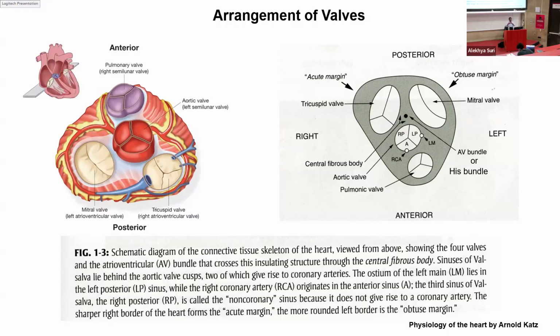Then it will be propagated to the ventricles. The atria contract first, followed by the ventricular contraction. There is a delay between atrial contraction and ventricular contraction, and that delay is important for the proper receiving of the blood from blood vessels to the atria and from the atria to the ventricles.